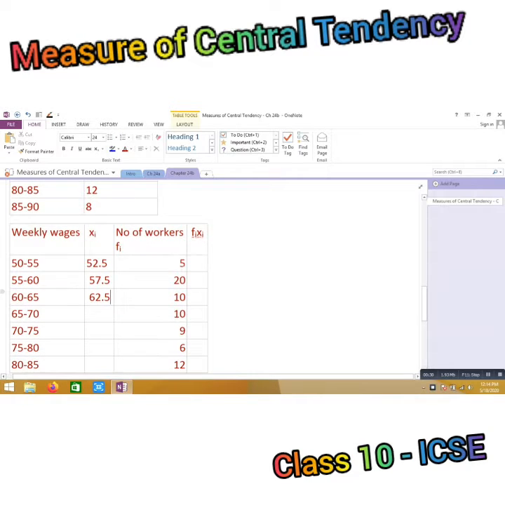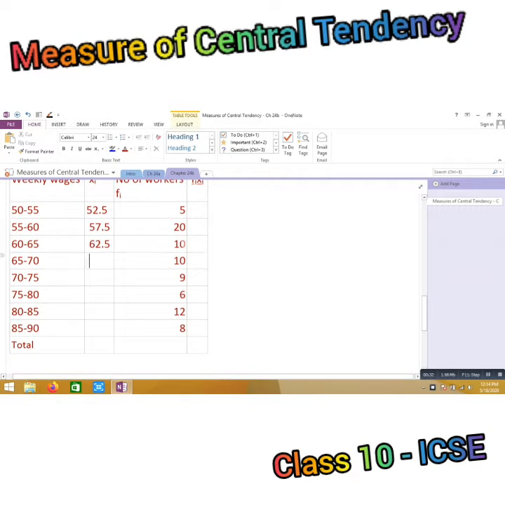Between 65 and 70 is 67.5, 72.5. Next, the mid value is 77.5, 82.5, 87.5.